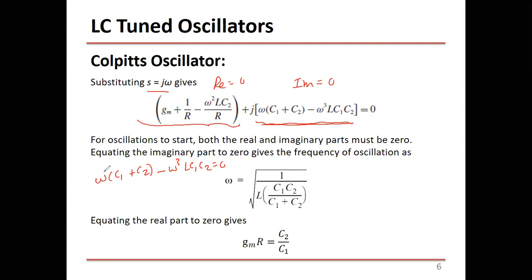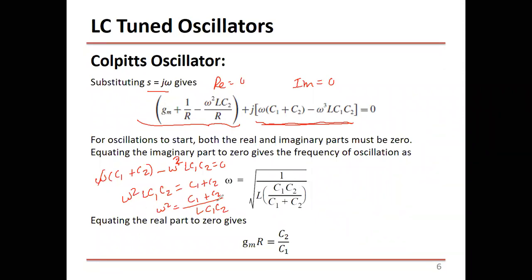If you divide by omega, this is going to cancel and this becomes omega squared. So omega squared LC1C2 equals C1 plus C2. That means omega squared equals C1 plus C2 over LC1C2, which means that omega equals this.